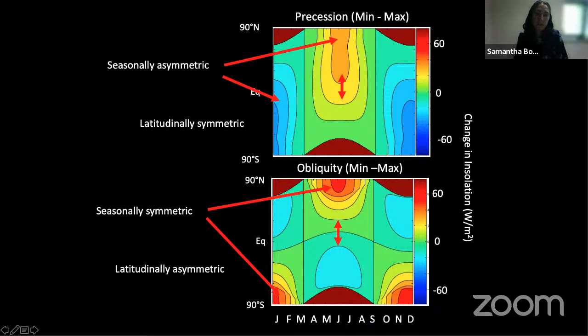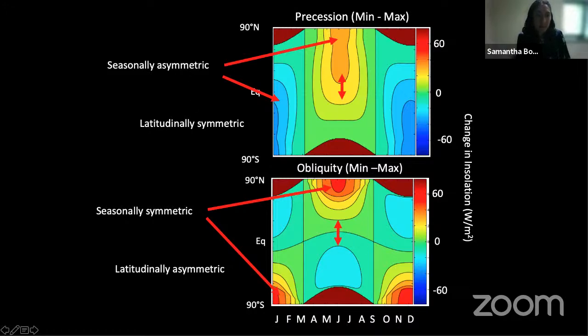But there are really important differences between the forcing of these two different orbital frequencies. This is the same plot we looked at before, showing the difference in the change in insolation between precession minima and maxima. Down here, we have obliquity minimum and maximum changes.